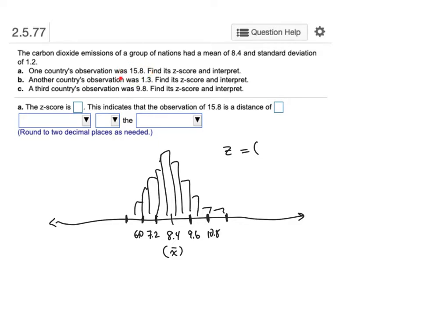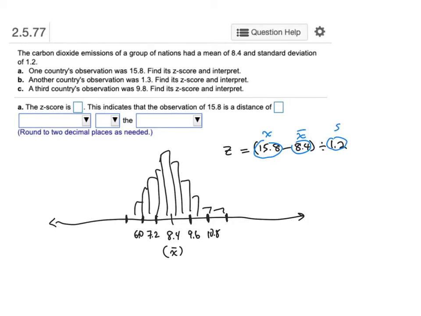So here, let's say 15.8. So I'm going to take 15.8 minus the mean and divide that by the standard deviation. So that's the calculation that we do for z-score. Here's the value. This is always the mean, x bar, and this is always our standard deviation, s.